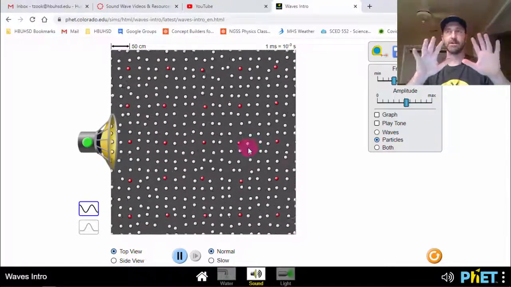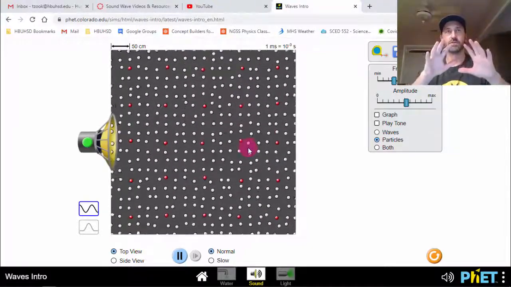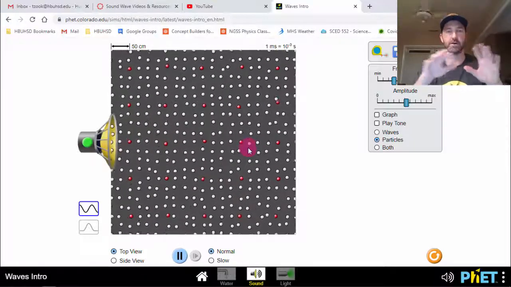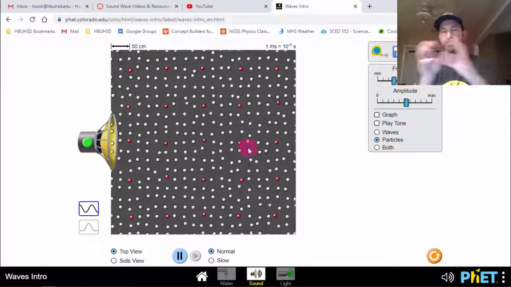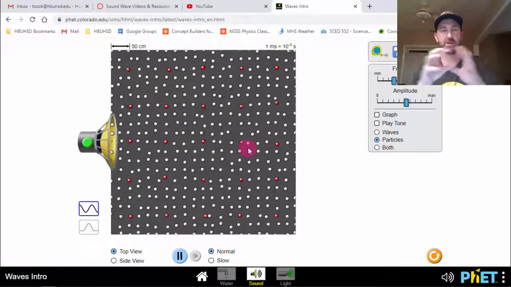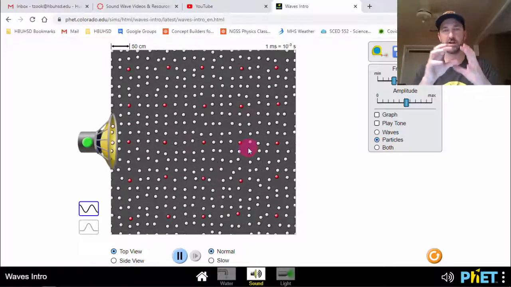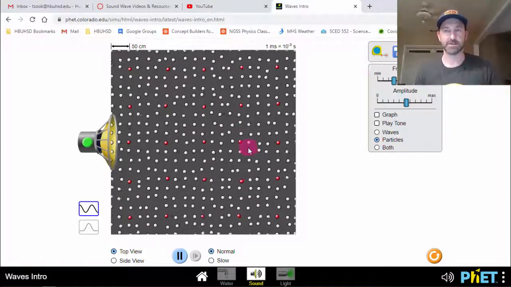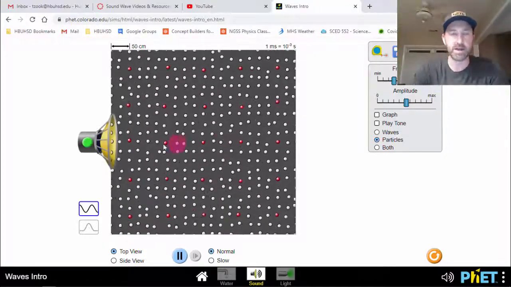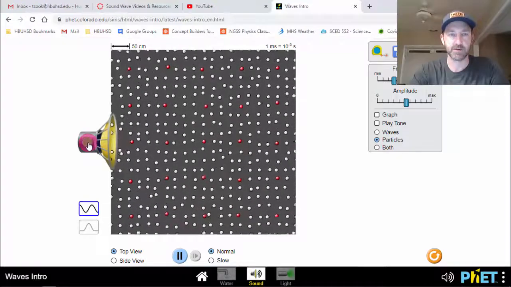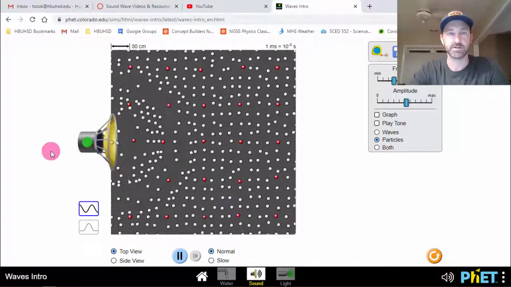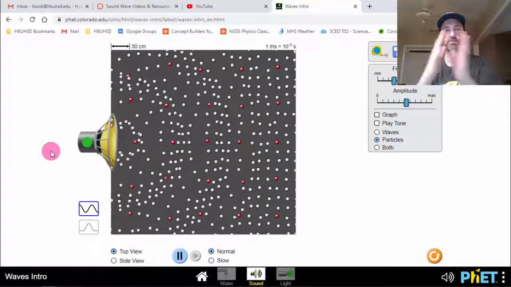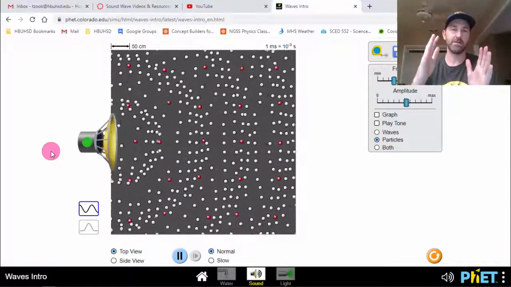And the idea is that when a wave moves from one place to another, the physical materials may vibrate back and forth, but it's always around a central area that they return to. So you'll see the red dots wiggling right now. That's just because they have energy and they have temperature. But once a wave is produced, click the speaker on, you can start to see these kind of ripples and compressions of the wave.